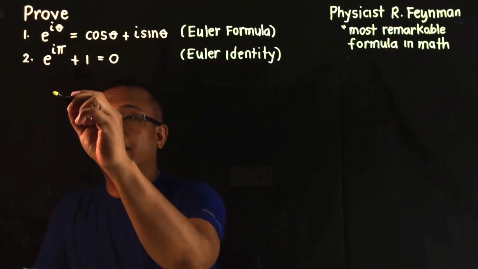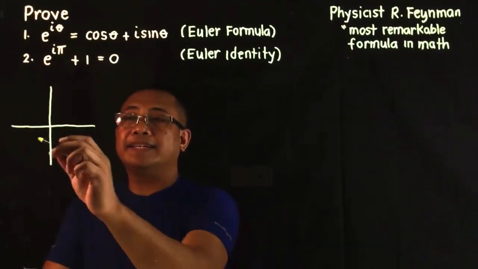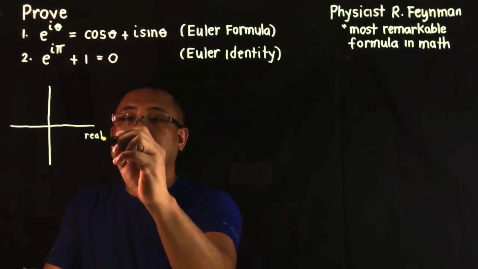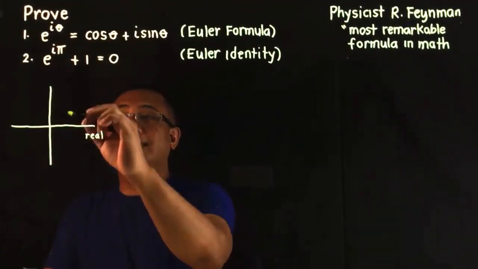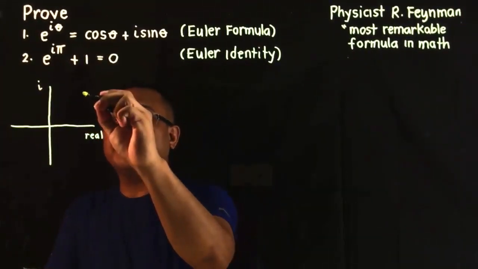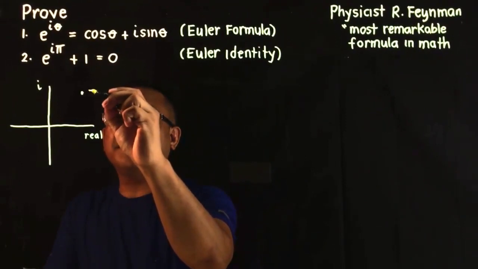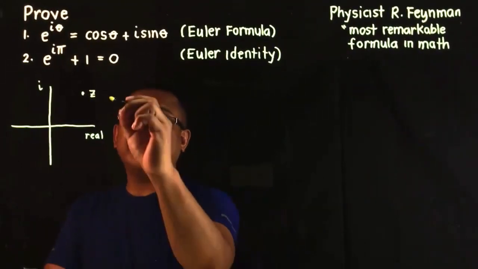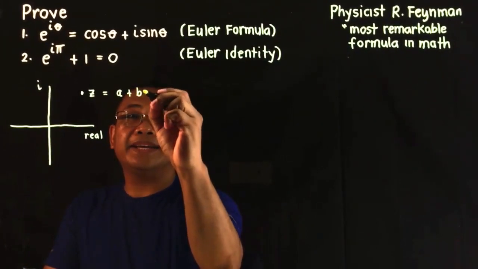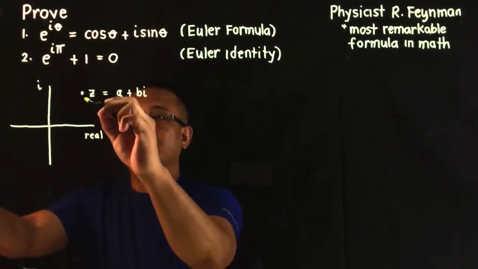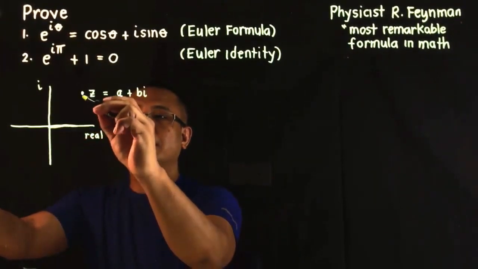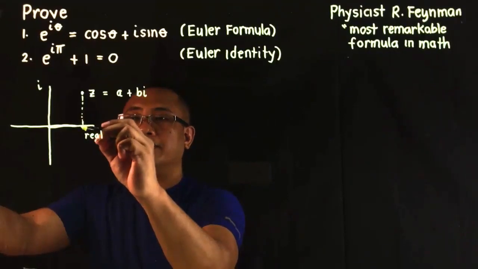So let's draw a Gaussian plane. In this plane, the horizontal axis is for the real numbers and the vertical axis is for the imaginary numbers. If you have a point z on this complex plane, we represent z as a plus bi, where a is the distance from the point of origin going to this point.